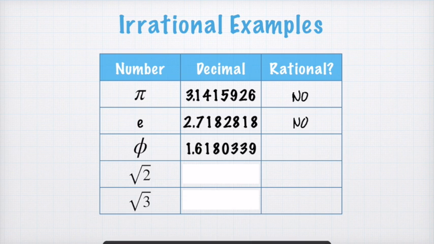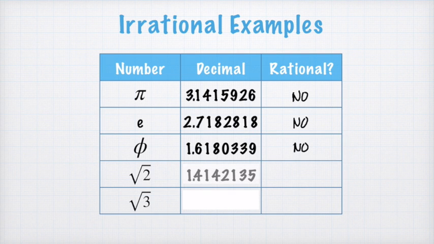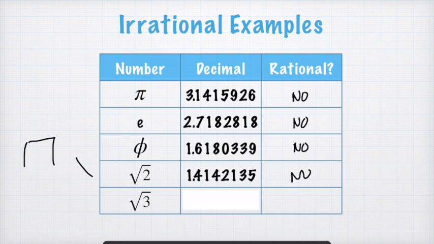Here we have phi, which is the golden ratio, which is 1.6180339. That's still not going to repeat anytime soon, so that's not rational. We can't write that as a fraction. Square root of 2, you'd think, oh hey, we can do this. Well, it turns out the square root of 2 is just this nice decimal of 1.4, some other stuff. It doesn't repeat, you can't write it as a fraction, so it's not rational.